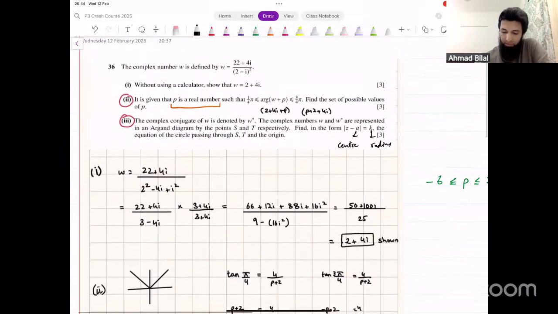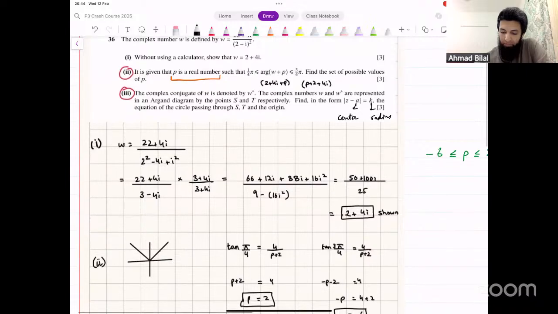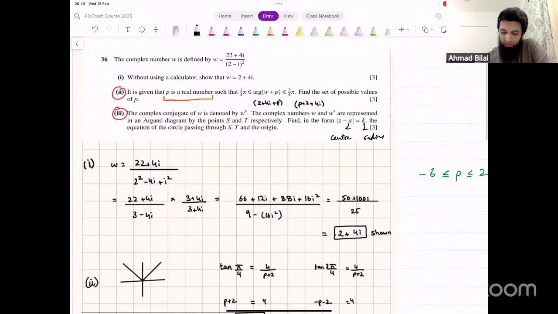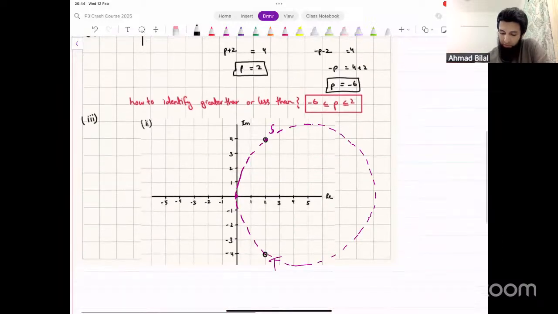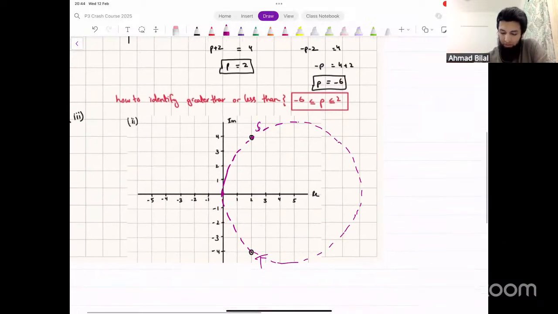Okay, let's think about that now. So we have W and we have W conjugate. That's what you've done. You have 3 points on the circumference. The center has to be on the x-axis. That's for sure because that's a chord.